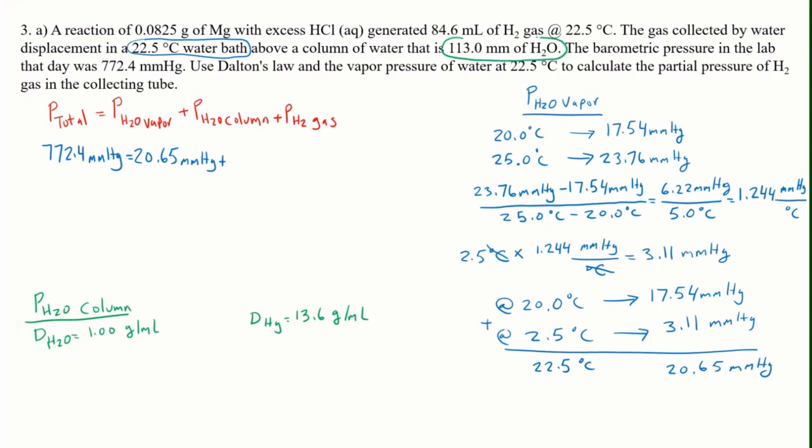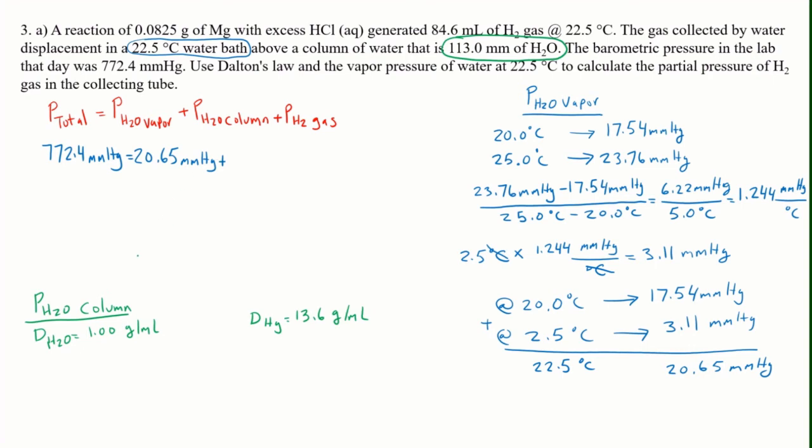The reason why is I have my water column in a unit of millimeters of water, but everything in my equation is in millimeters of mercury, so I need to convert millimeters of water to millimeters of mercury so I can add and subtract all of the units without a problem.